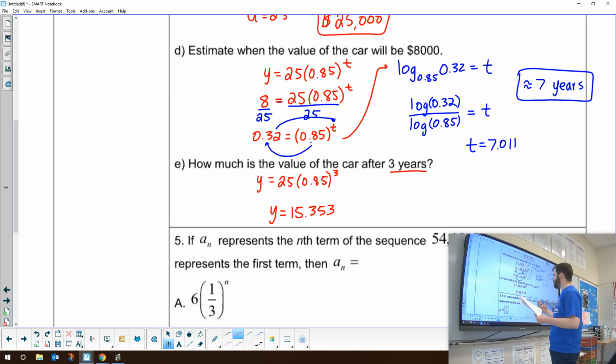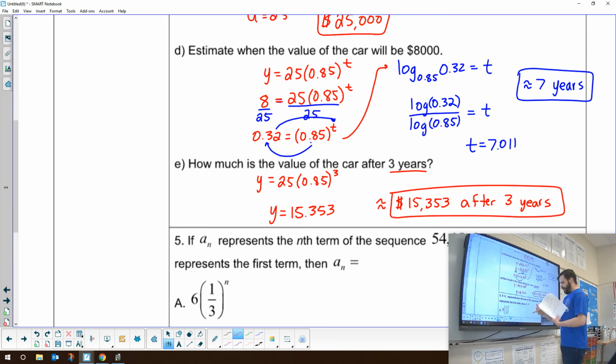And so in 3 years, my car is going to be worth approximately $15,353. Okay? All righty then.